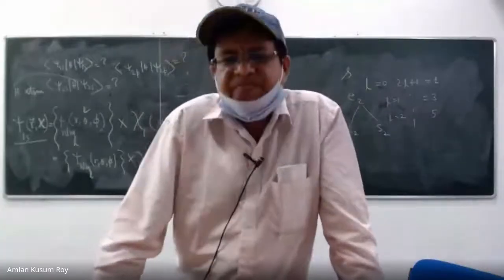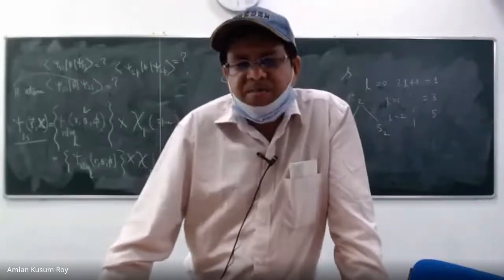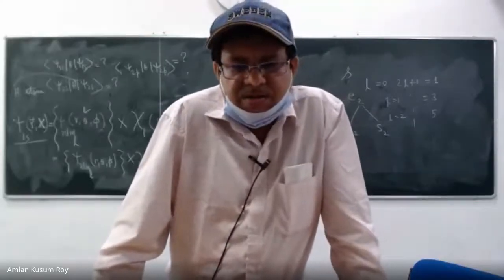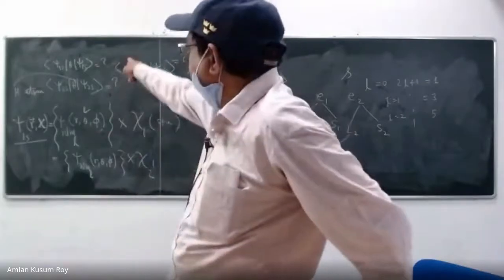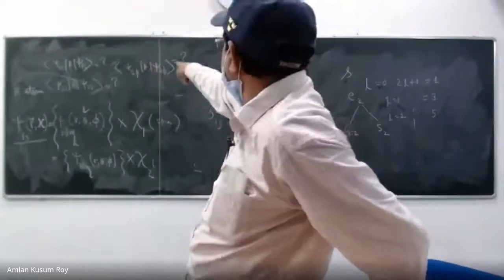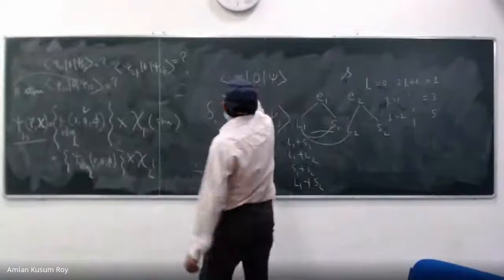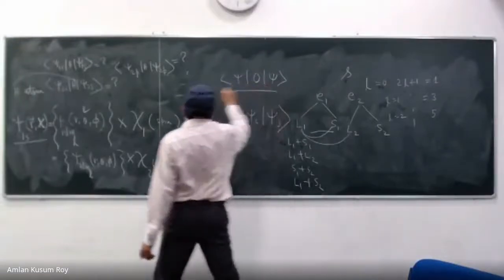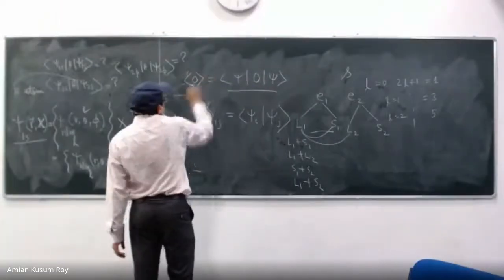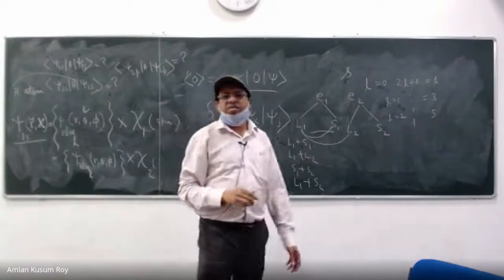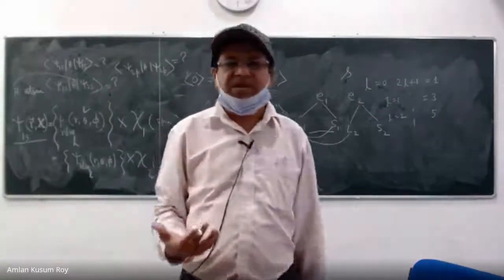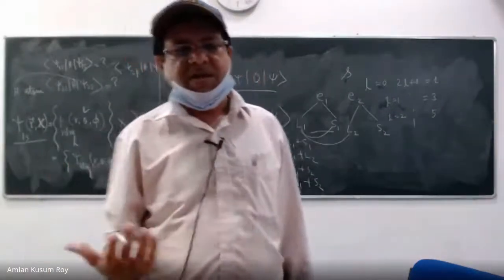You understand? So what will be the answer now? My question was psi 1s, H psi 1s. This is the basic definition of expectation value we have learned. If you want to understand the values a system can take, that is how you do it.